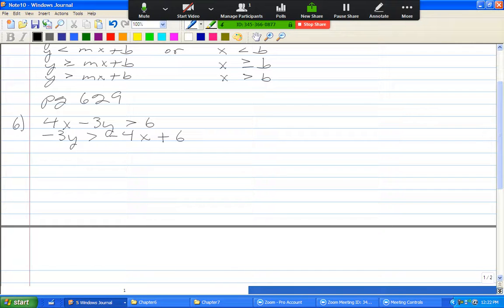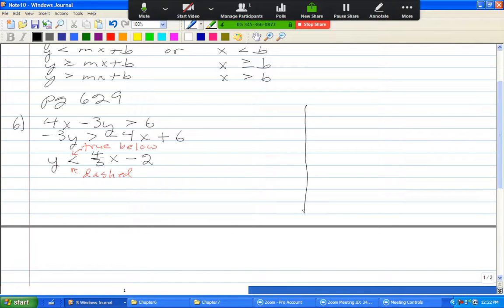Divide both sides of your inequality by negative 3. So the inequality will switch. And so this inequality will have a dashed boundary line because there's no equal sign here. And since it's less than, this will be true below the graph of the boundary line.